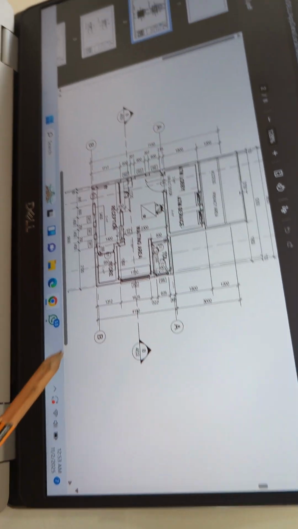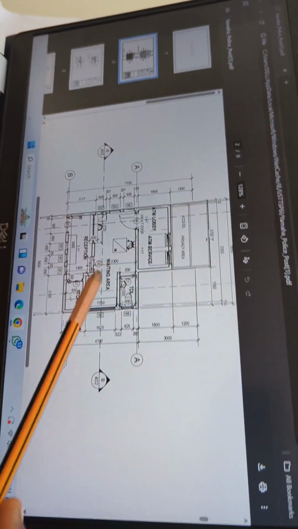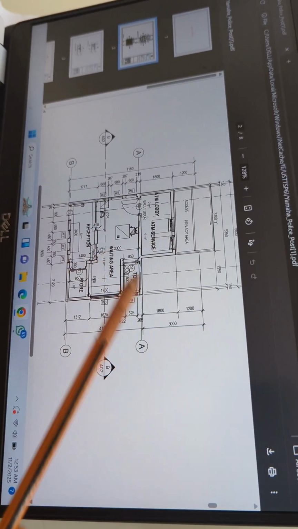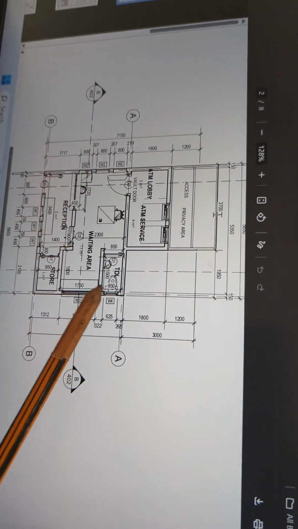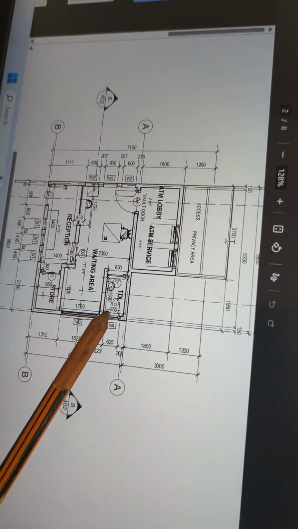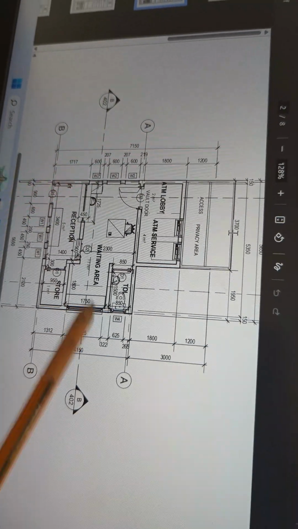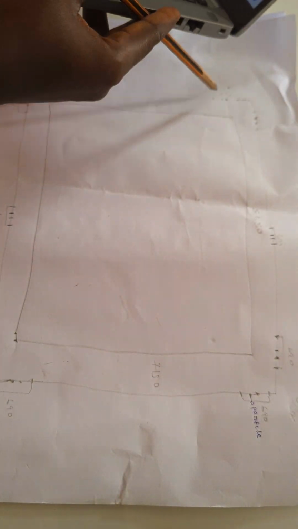But if you are not going to put hardcore filling, I will advise you take your dimension from the foundation. But for you to get here, you can see that from here to here, in to in, we have 850, while in to in of this we have 1750, in to in of this we have 950. So let's get it right there.